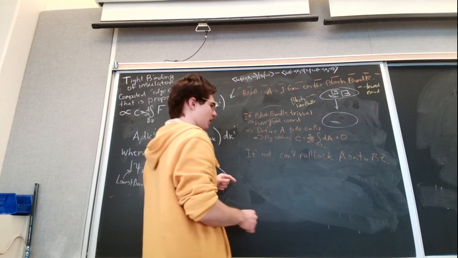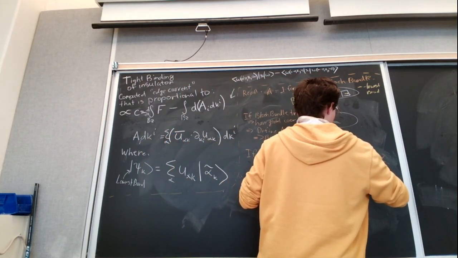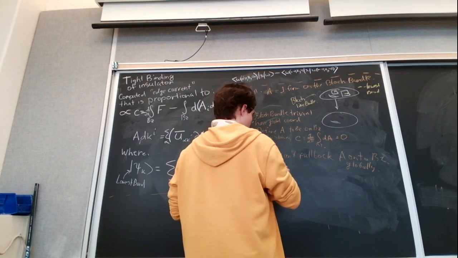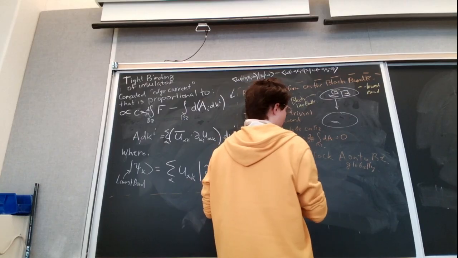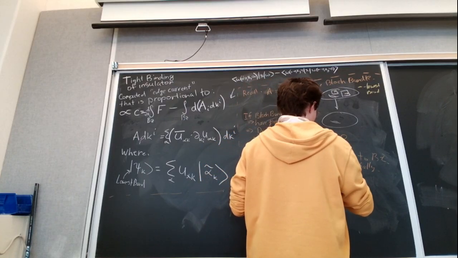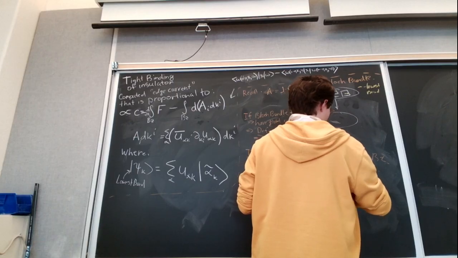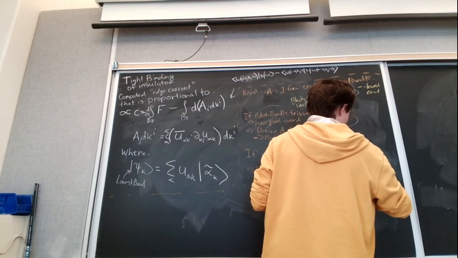I can't onto the Brillouin zone globally. Okay, so I do so locally, and then that implies that C equals 1 over 2 pi over the Brillouin zone dA need not be 0.